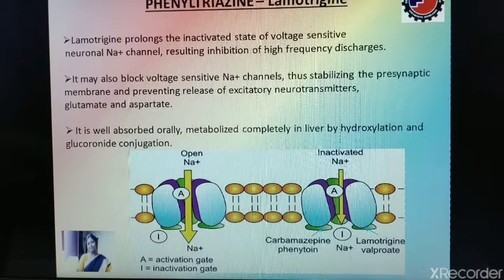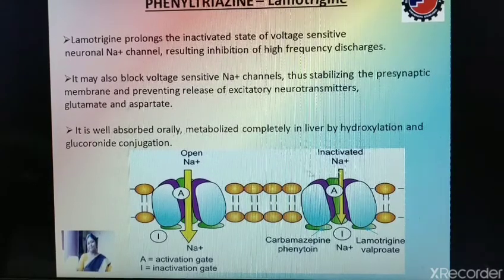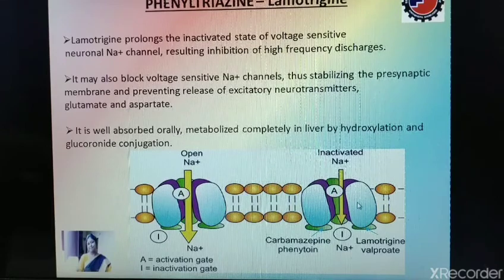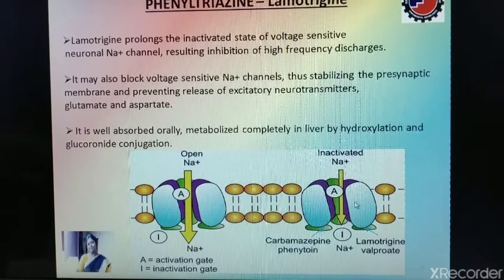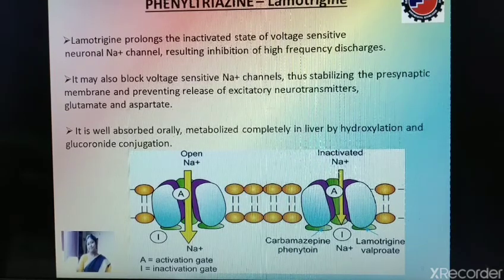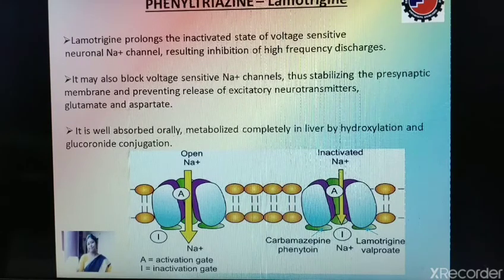Now it may also block the sensitive sodium channels, thus stabilizing the presynaptic membrane and preventing the release of excitatory neurotransmitters, especially NMDA, glutamate and aspartate. So this is the second mechanism.